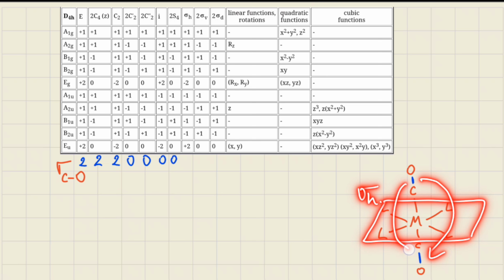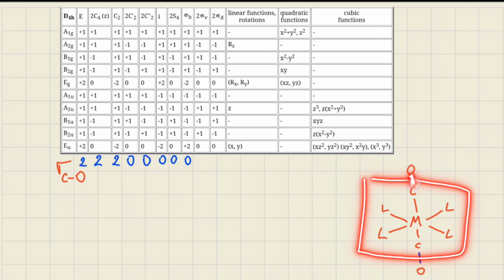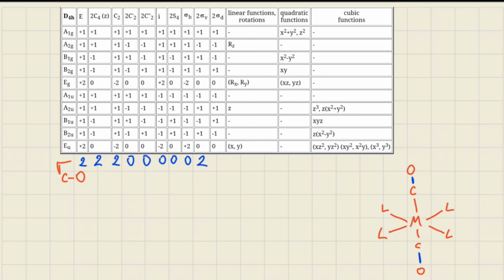Then the bond positions will change, which means that it is 0. If we apply sigma v, which is this one, it includes the bonds, so the answer is 2. And the same thing happens if we apply the sigma d, and the sigma d is from here. Bonds stay in the same position, so it is 2.